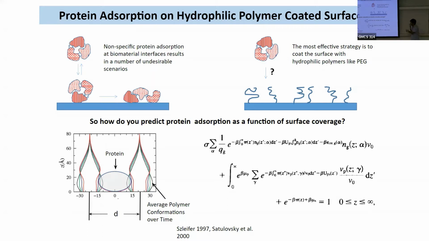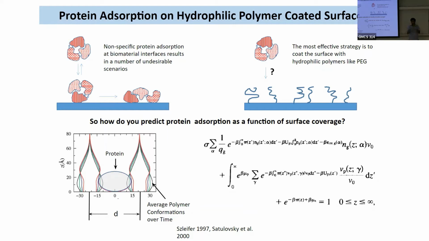But what they said was, okay, you have a hydrophilic polymer, right? And it's sticking out from the surface and it's wriggling around. So as it's wriggling around, it sometimes comes close, it sometimes goes far. And if it's far, then the protein can kind of try and sneak in. And so what they do here is, this is a density functional theory-based model where you actually model each individual atom on the polymer chain and how it's sort of moving about.